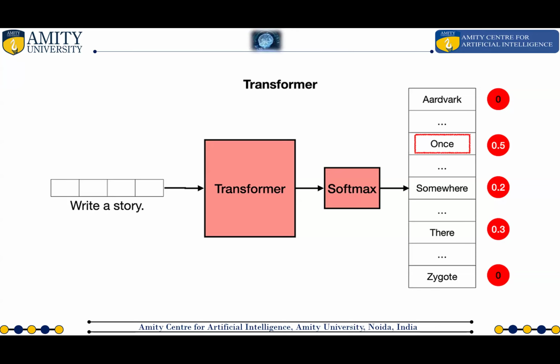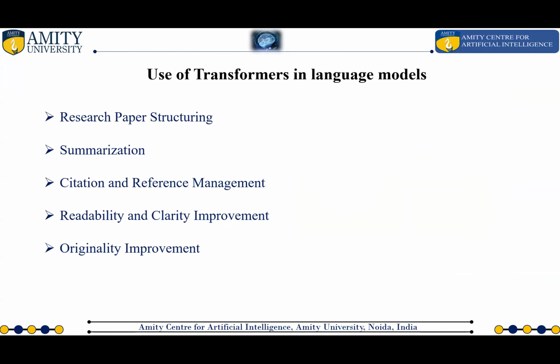For example, here this one word has been highlighted with 0.5 probability, meaning it has the highest probability for the generation part.